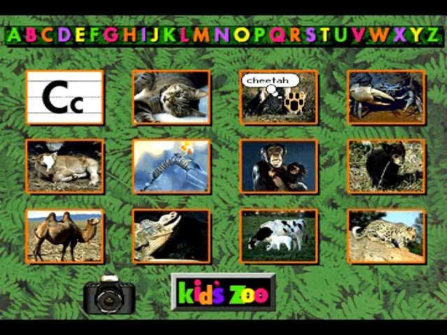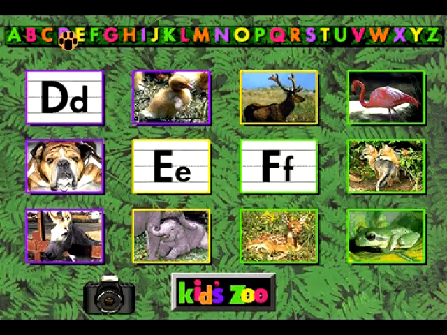Chameleon. Cheetah. Chimpanzee. Cow. Cub. Leopard. Cub. Bear. Crab. C. D. Dog. Donkey. Duckling. E. Elephant. Elk. F. Fawn. Flamingo. Fox. Frog.